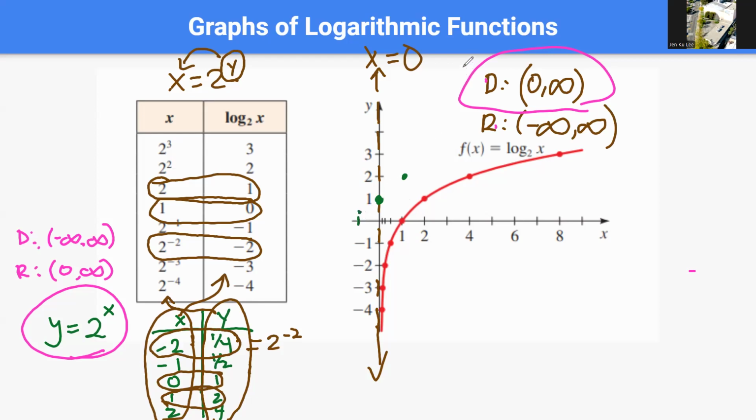And then it will be a function that looks somewhat like this, with your asymptote being here. That's your asymptote line.